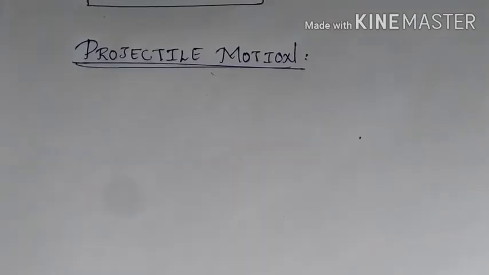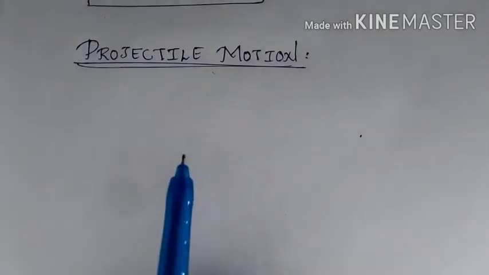Now let us understand what projectile motion is, where we will come across this kind of motion, and what the maximum height is that can be reached by a projectile when it is thrown with a certain initial velocity.